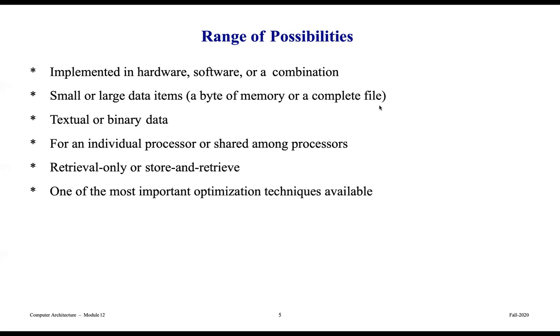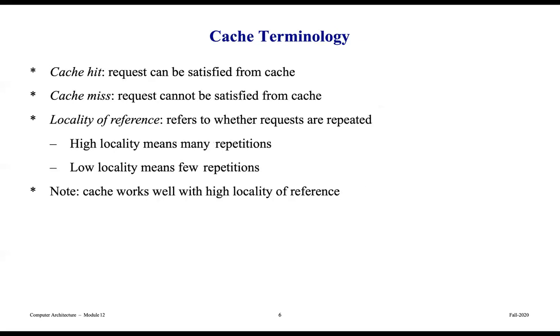It can be textual or binary data, and it can be something that would be dedicated for an individual processor or shared among processors or among cores if you have a multi-core processor. It can be retrieval only or store and receive, so there are different possible modes. And it's one of the most important optimization techniques available, and we'll have an example of that later giving you an idea of how much speed improvement can come from this.